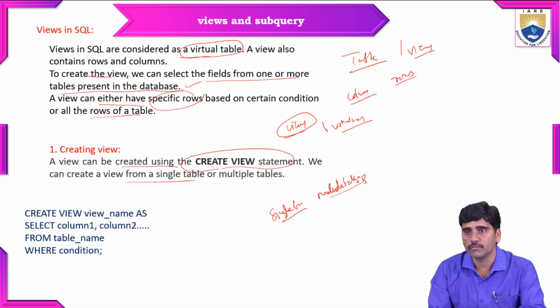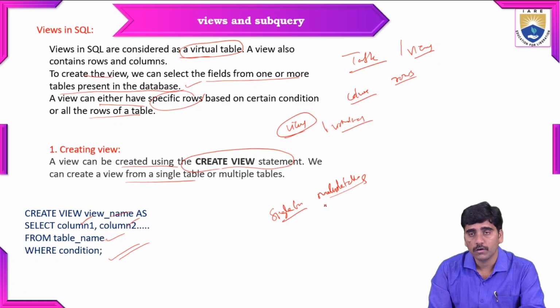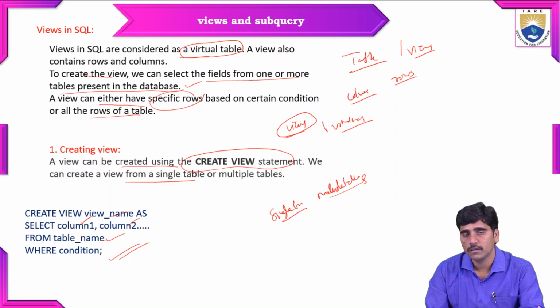The syntax is: create view view name as select column names from table name where condition. Select column 1, column 2 or something from table name where condition.